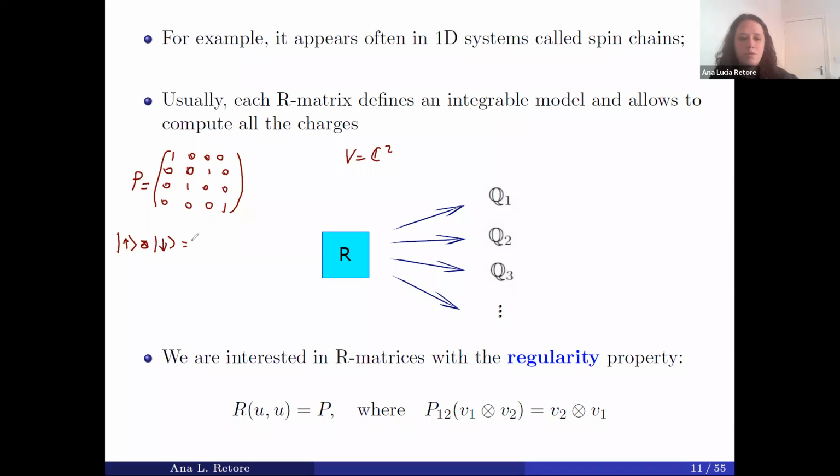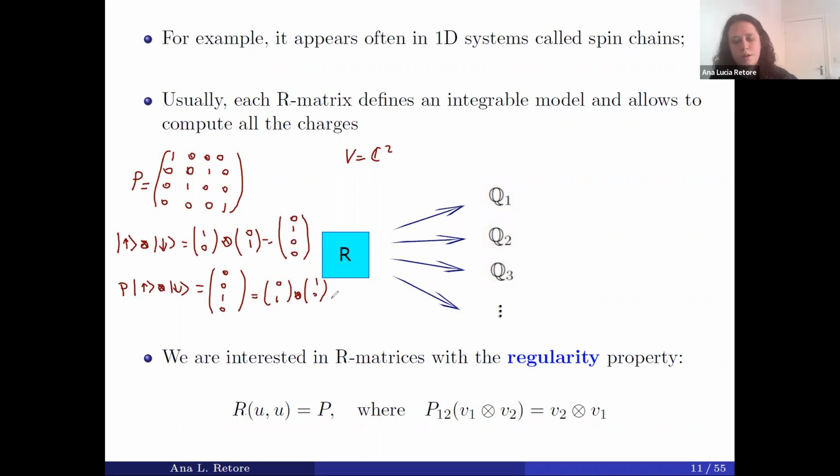If you choose a representation, for example 1, 0, 0, 1, and you act with P on this object, you multiply this matrix here, and it will give you 0, 0, 1, 0, which is 0, 1. So it really inverts. I'm just saying.